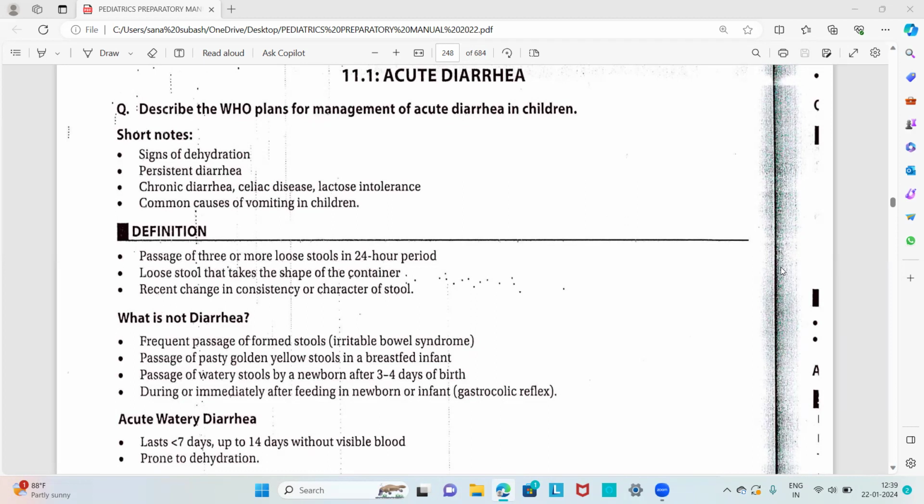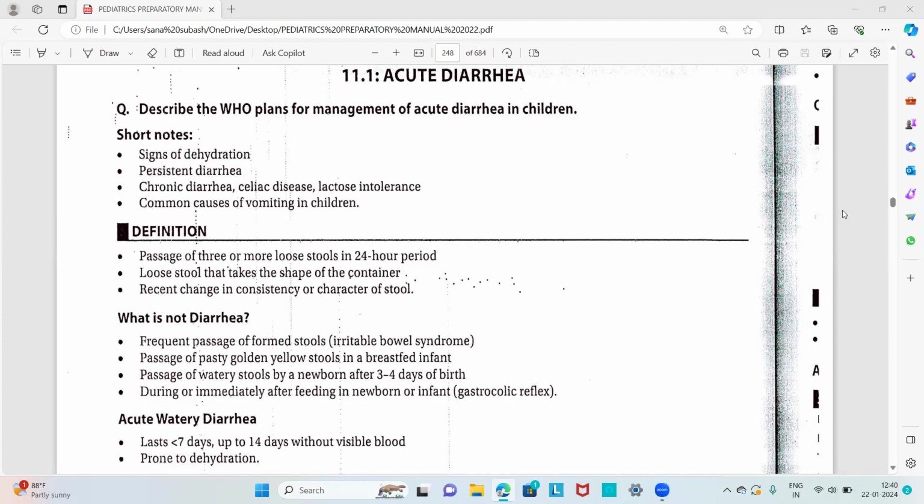These are the important questions usually asked from our GIT chapter. Also, about Wilson disease, there will be questions. So these are the major questions regarding gastrointestinal disease. So we have to learn them one by one.